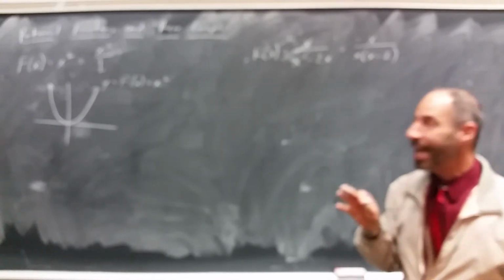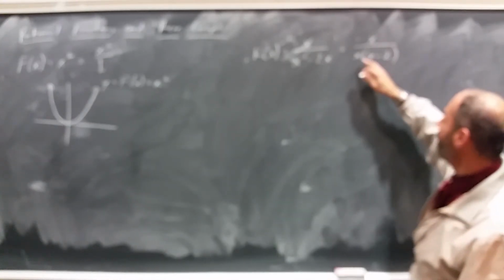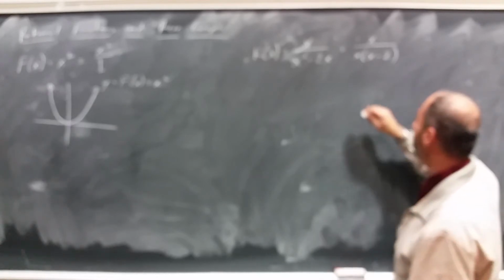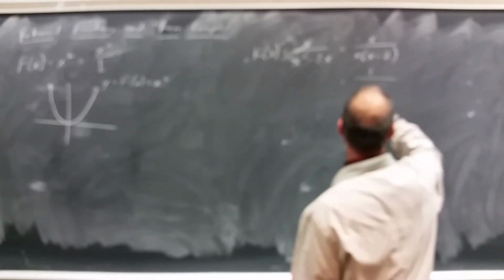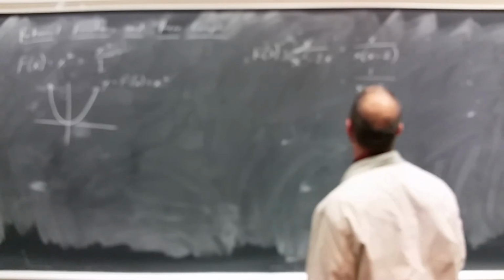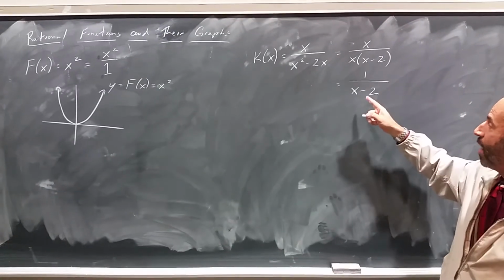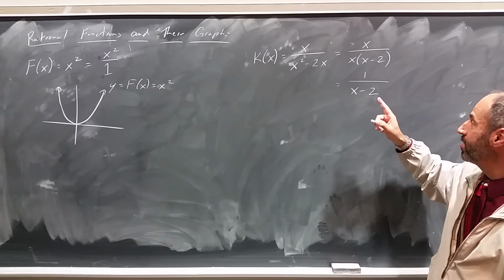It may be tempting now to try to cancel this x on the top with this x on the bottom. And if we do that, we'll find out that we actually have made a mistake.